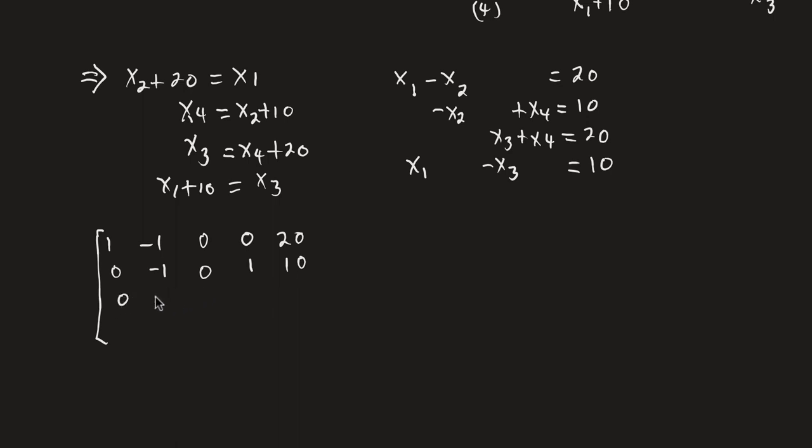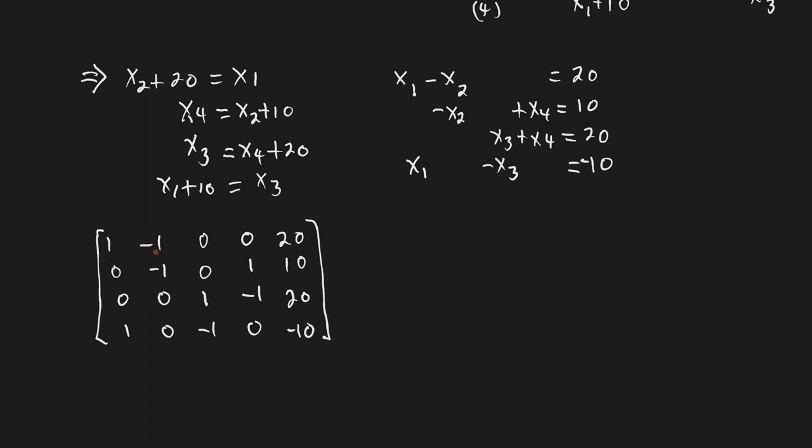And then the third row is 0, 0, 1, negative 1, 20. And then the fourth row, 1, 0, negative 1, 0, negative, oh yeah, this should be a negative 10. Okay, so now in terms of putting it in at least REF, we have our pivot of 1.